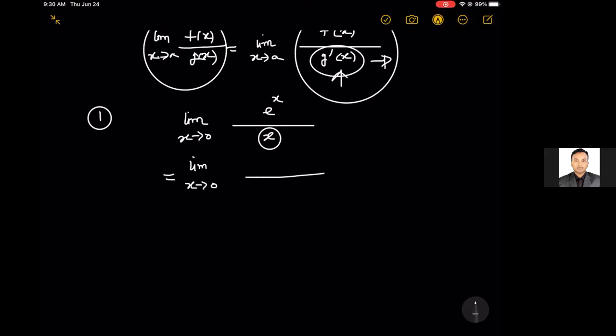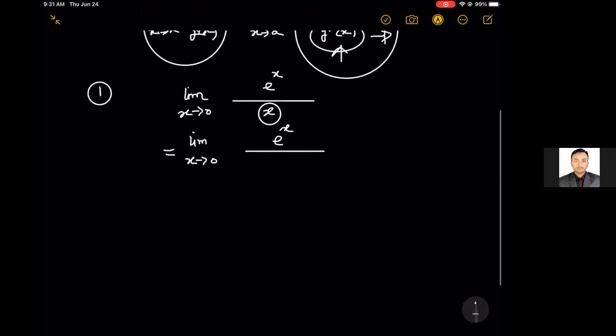What's the derivative of e to the x? Anyone? That should be pretty straightforward. E to the x. What's the derivative of x? 1.